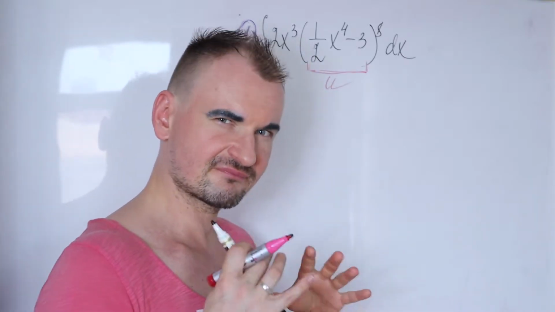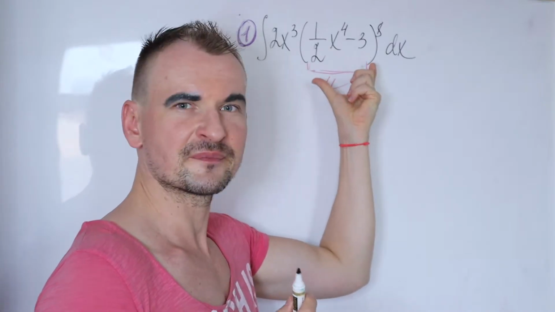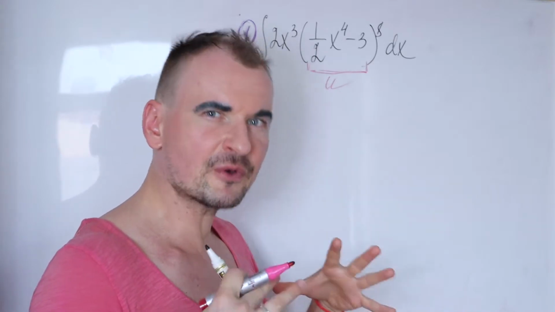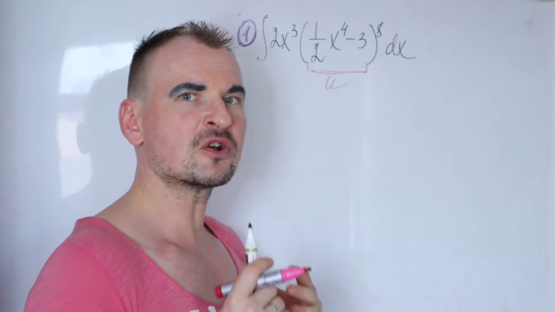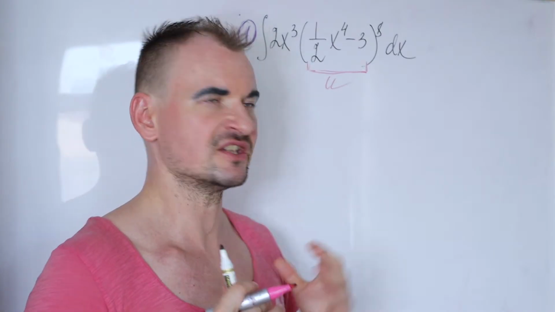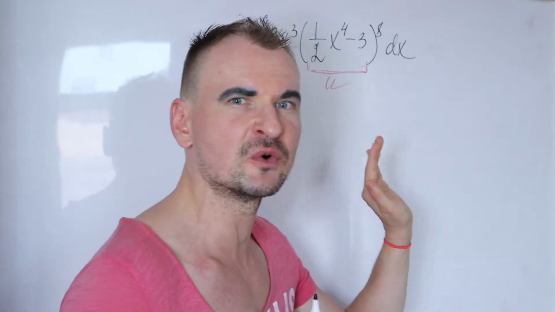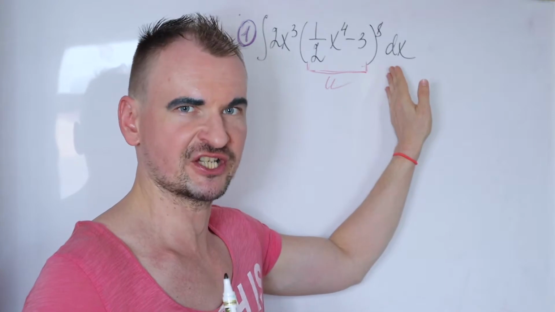So making this term u would perfectly work for our substitution, because the point is we want to rewrite everything in terms of u, so no dx would be in your new integral.